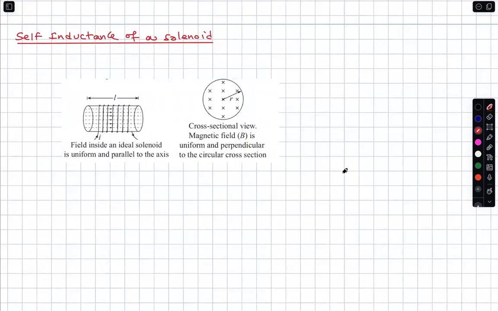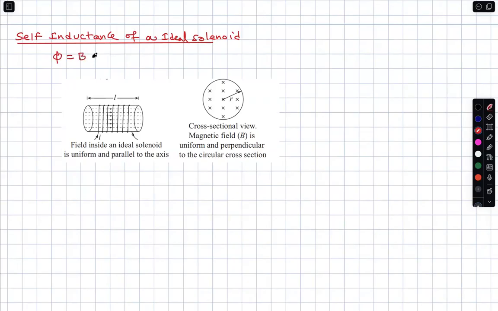Now, this is the solenoid diagram. You know, a long solenoid. We are dealing with an ideal solenoid. We know the field is almost uniform in this. So what is the flux?